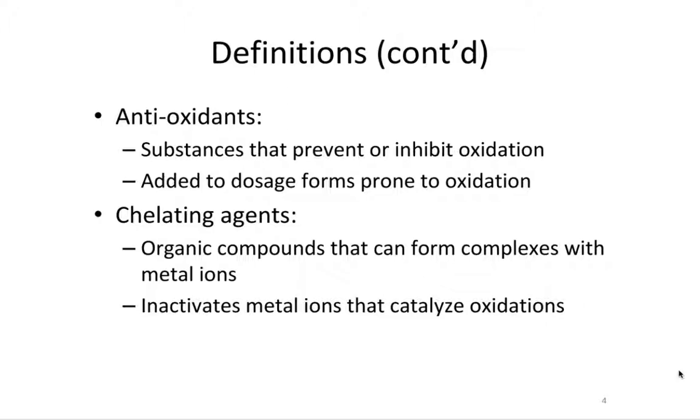As opposed to antioxidants, chelating agents are organic compounds that can form complexes with metal ions that have been found to play a role in oxidation reactions. So chelating agents inactivate metal ions that catalyze oxidations.